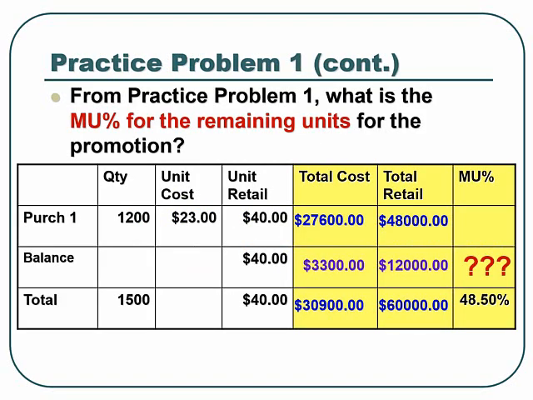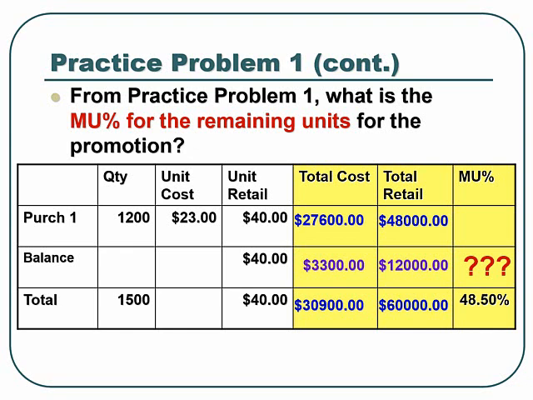So, revisiting the first practice problem we've just looked at, what if the question was asking what markup percent the buyer needs to achieve for the remaining units, for the balance? Given all the information that we already have calculated or known, markup percent for the balance can be easily calculated. Now we know the total retail for the balance and the cost for the balance.